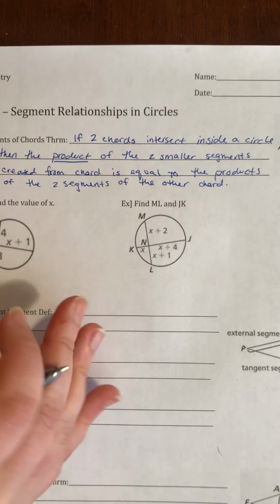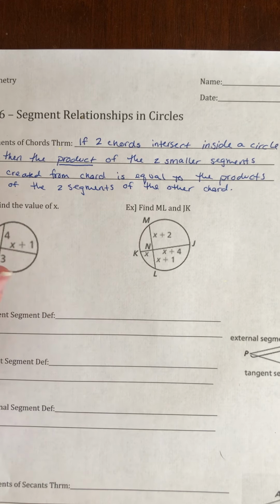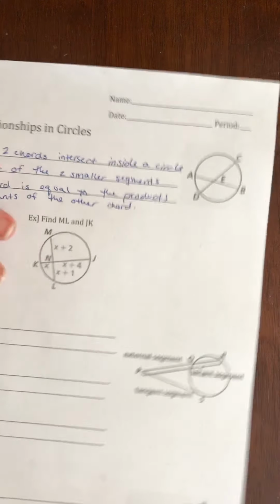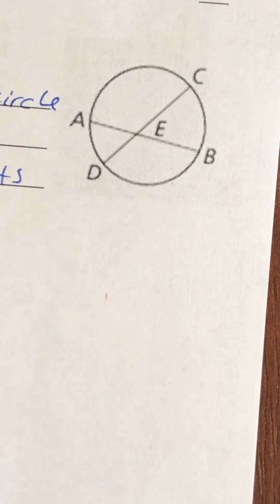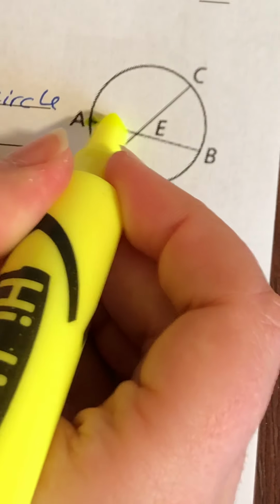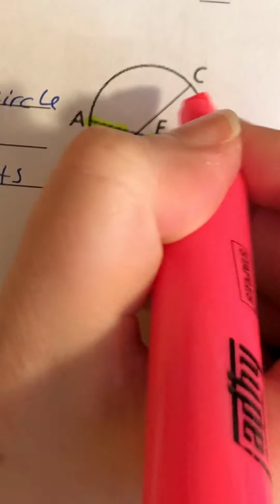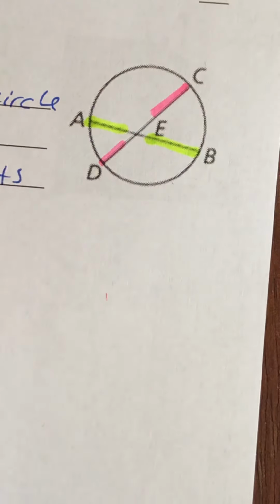So keep in mind, each chord gets broken up into pieces. We're working with the same pieces, all right? So product equals a product, so multiplication equals multiplication. So AB is split up into AE and BE. CD is split up into CE and DE.